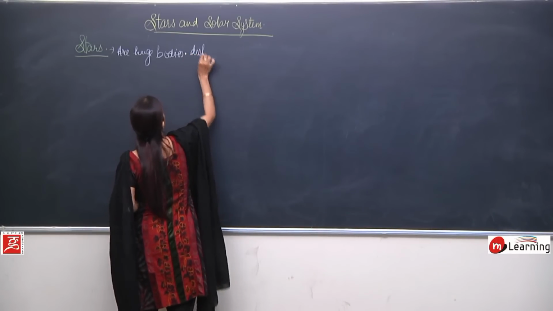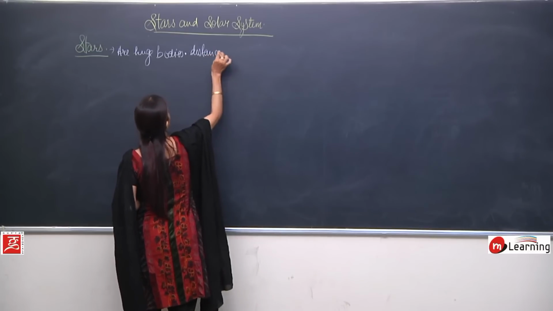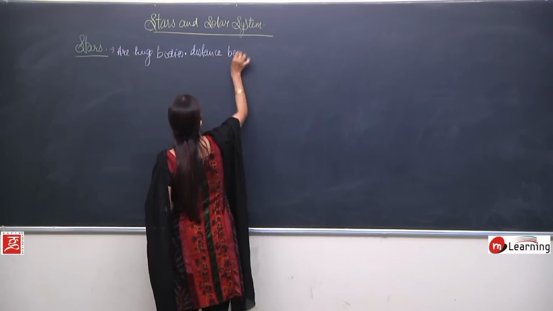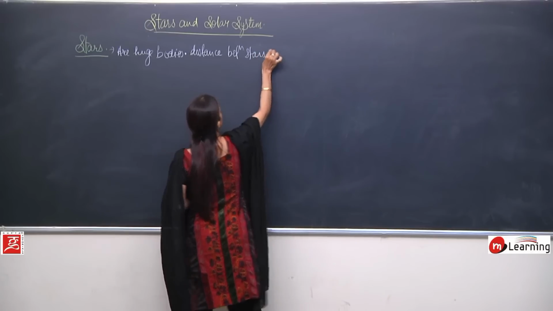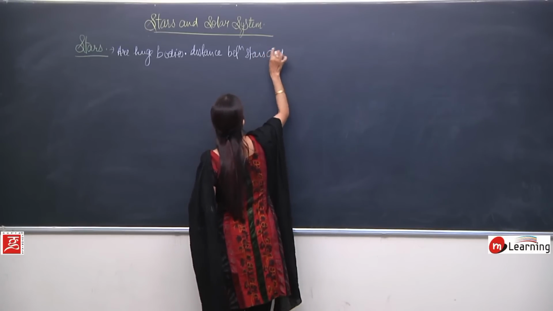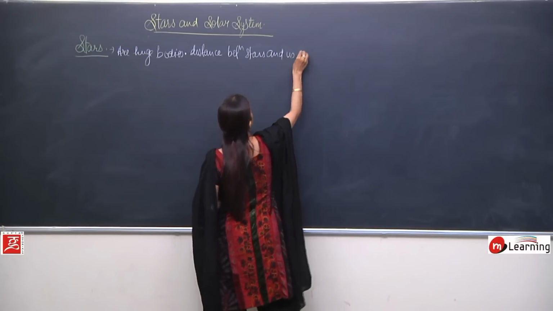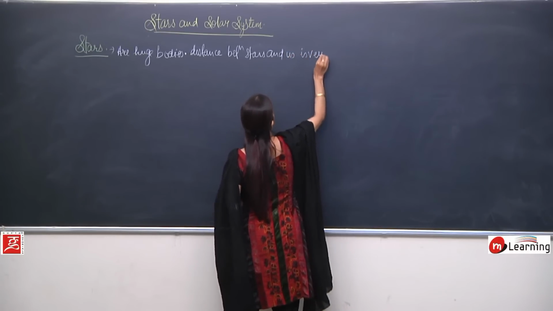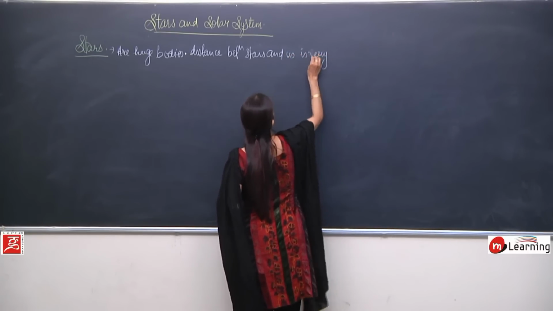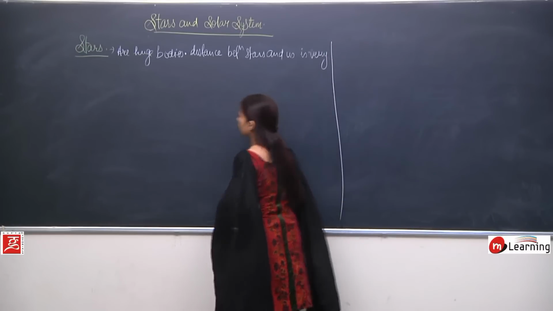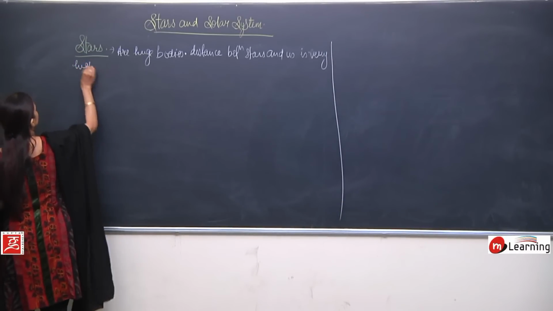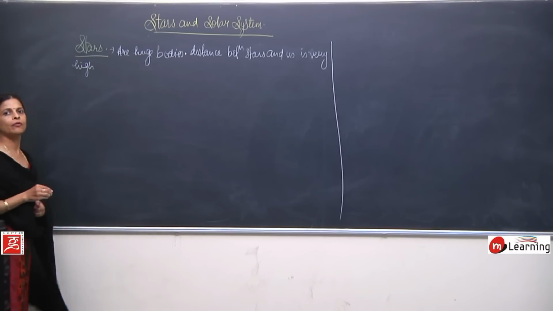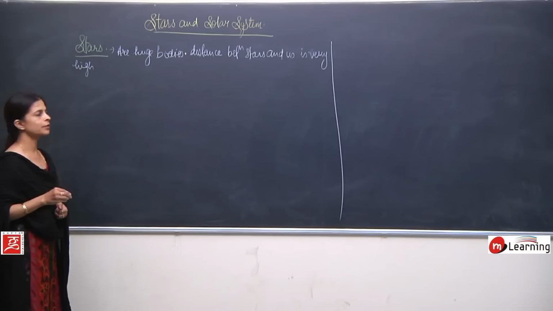Distance between stars and us is very high. And so they look like very tiny or very small objects.